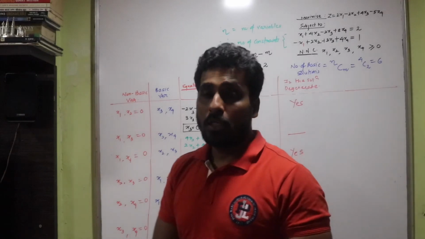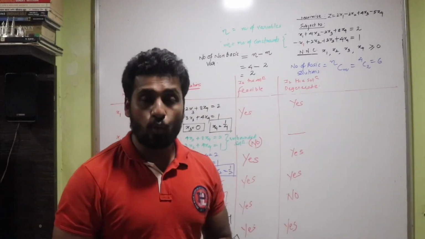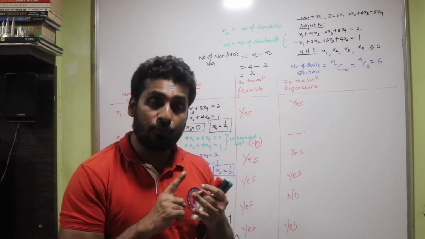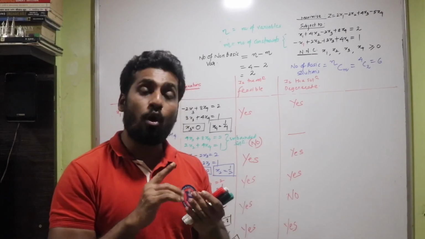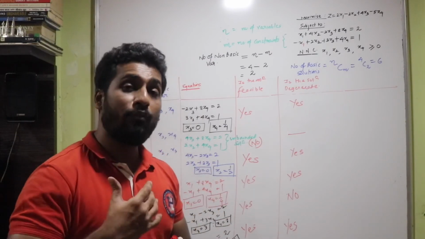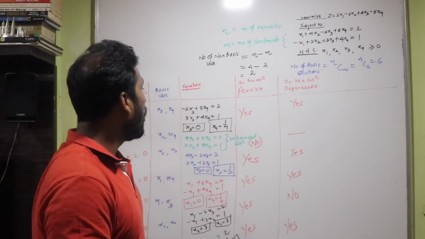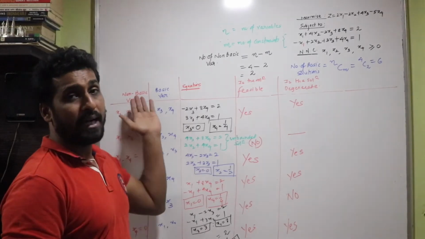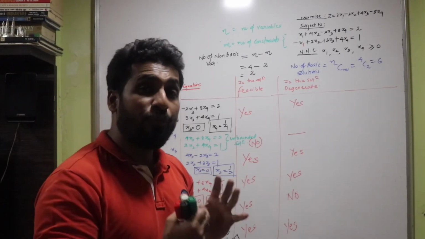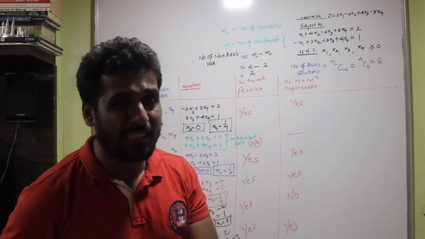So students, there are a lot of things you want to understand. I started with a solution, then I taught you what a feasible solution is, then what an optimal solution is. So we are yet to get the optimal solution. Then we went ahead and talked about non-basic variables and basic variables. Then we understood what a basic feasible and a basic infeasible solution is.